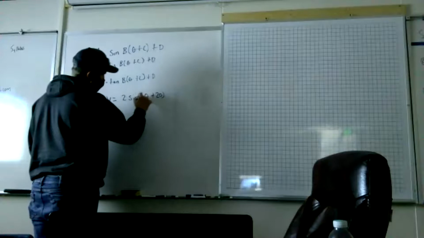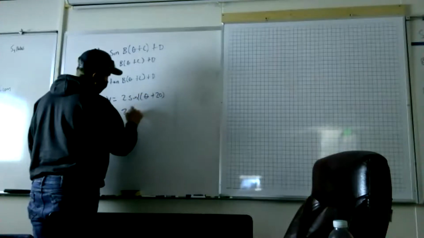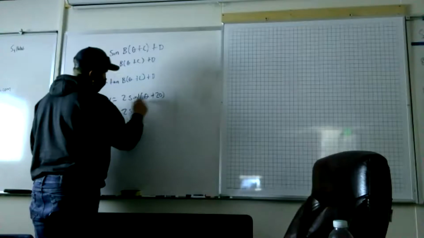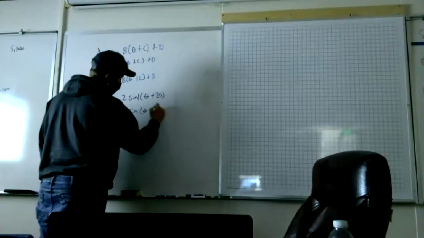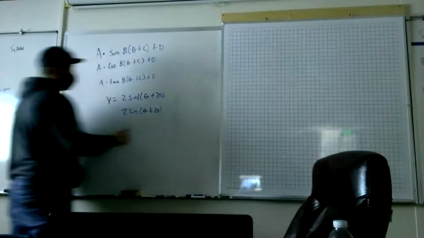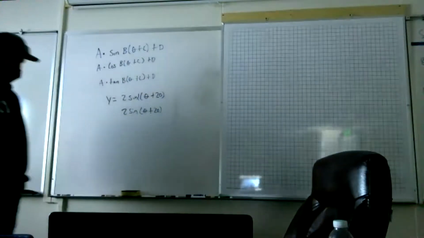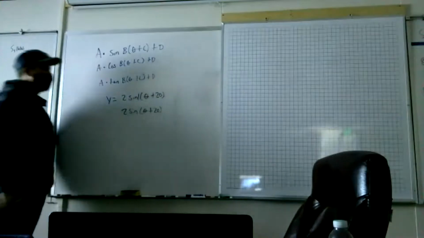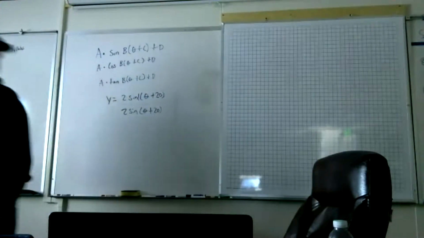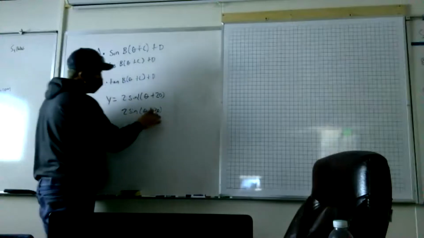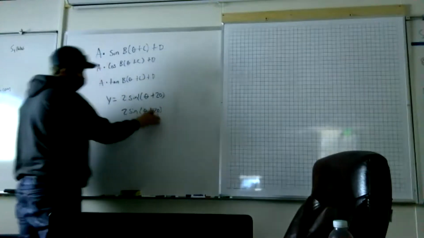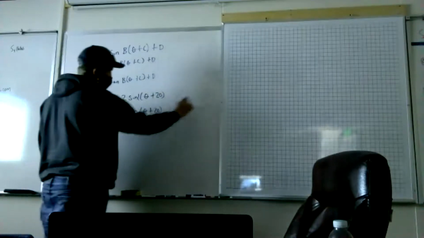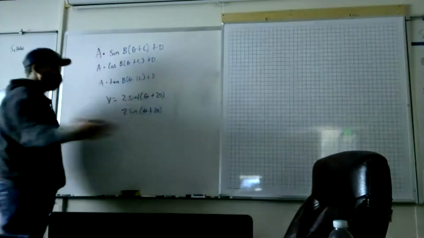This is really 2 sine of 1 times theta, which gives me theta, and 1 times 20, which gives me 20. This is me rewriting the equation because I distributed the 1 in. To calculate my phase shift, I can set whatever's in the parentheses equal to 0 and find out what my phase shift is.